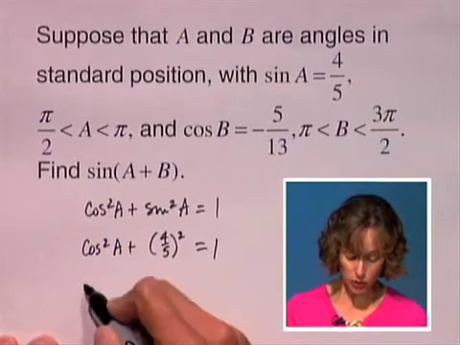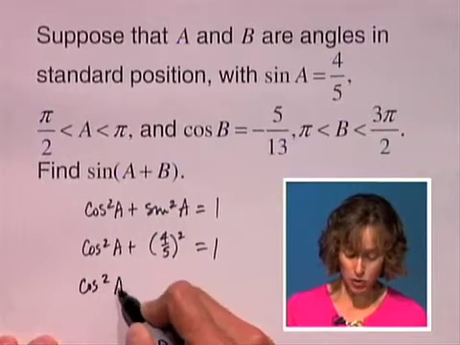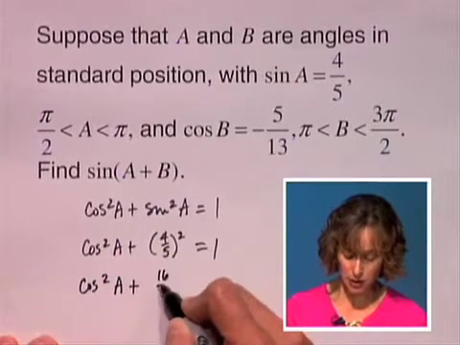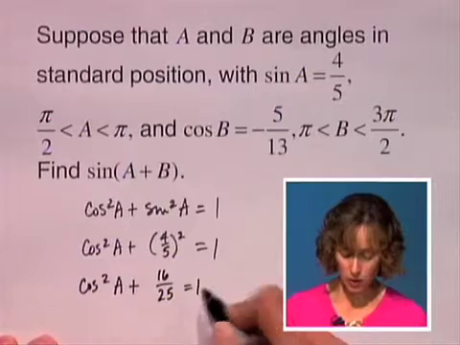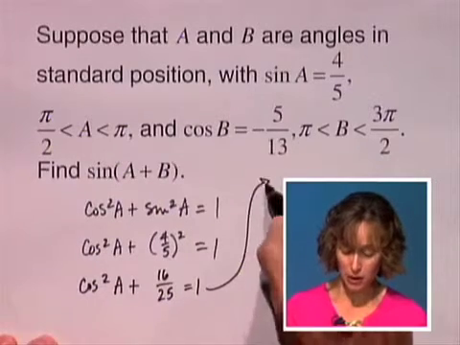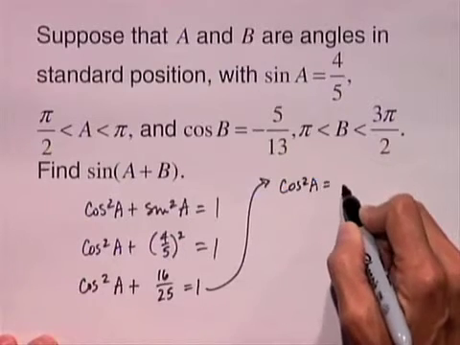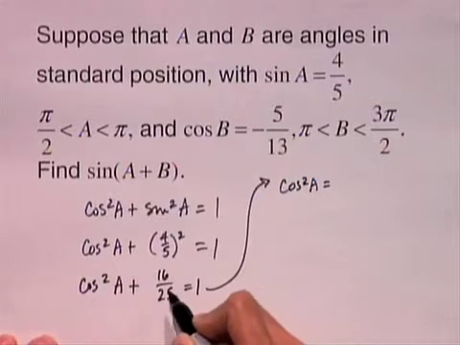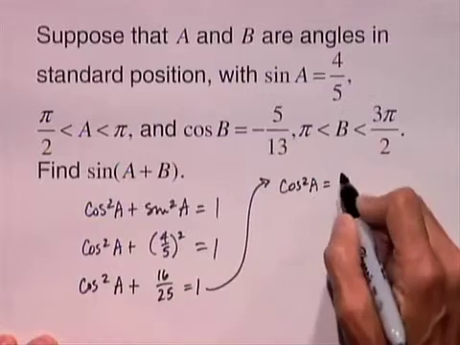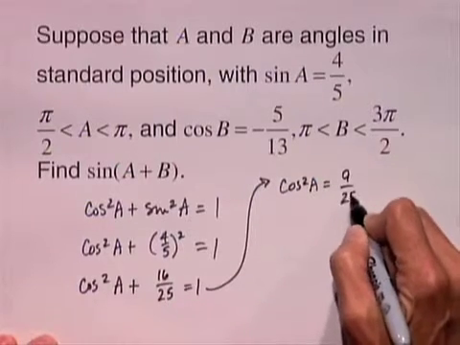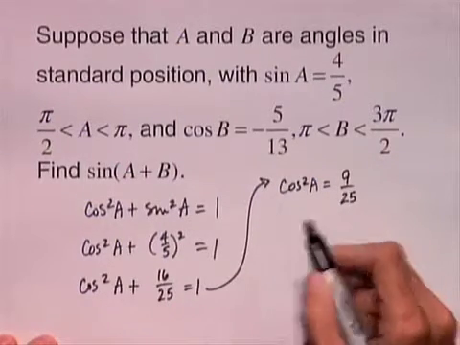So I'm solving for cosine of A. Cosine squared of A plus 16/25 is 1, and I need to subtract 16/25. So cosine squared of A is going to be 25/25 minus 16/25, which is 9/25. And I'm ready to take square roots.